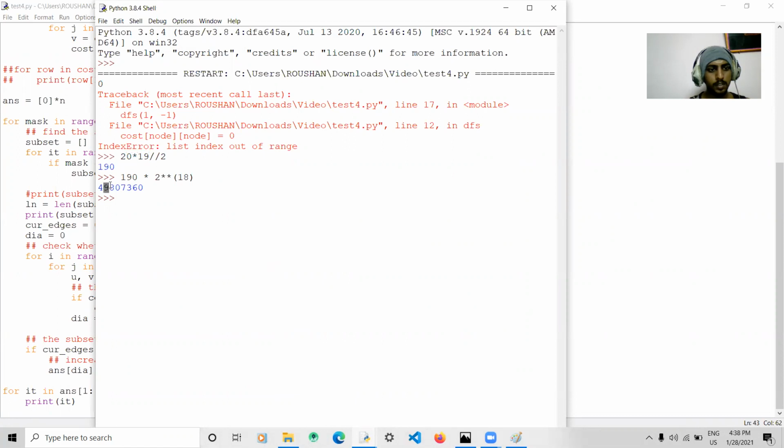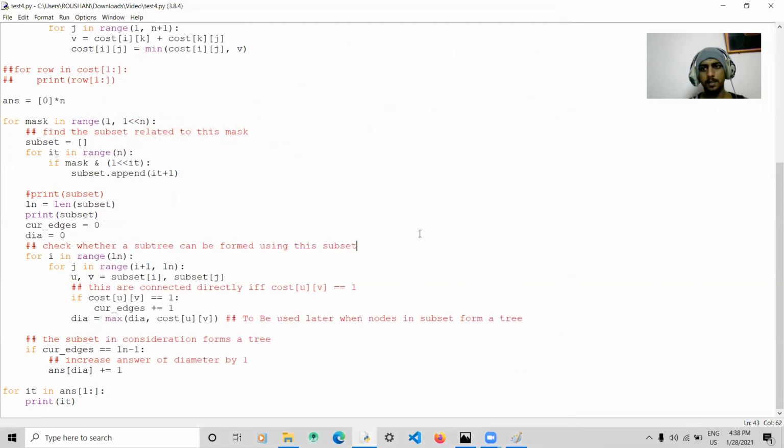So at worst you need to do this many computations, which is around 5 into 10 to the power 7 calculations, which is very workable.